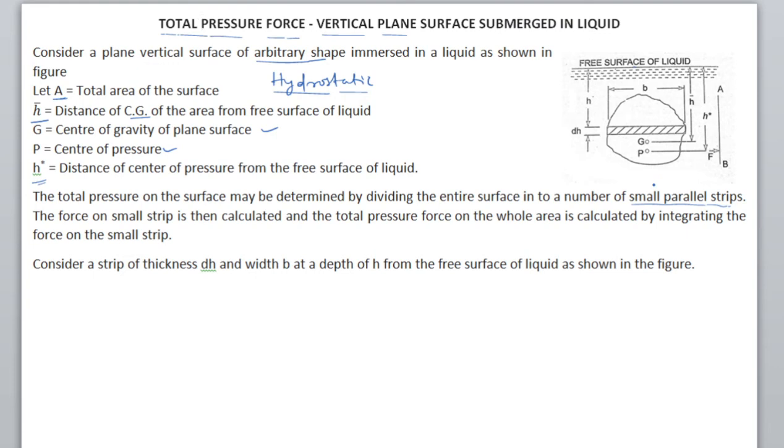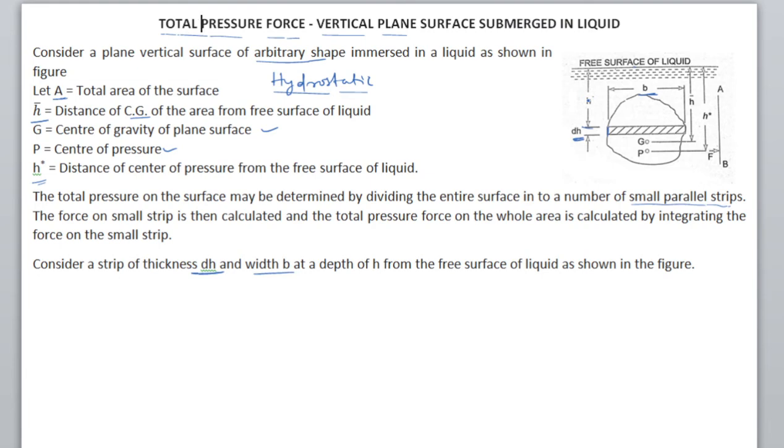So you can get an elemental rectangular parallel strip like this, which has a thickness of dh and a width of B. This width is B, thickness is dh, and it is present at a distance h from the free surface of the liquid, as we are doing all the calculation from the free surface, because depending upon the distance from the free surface, the pressure will vary as well as the pressure force.